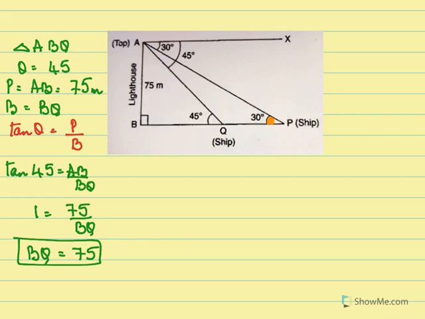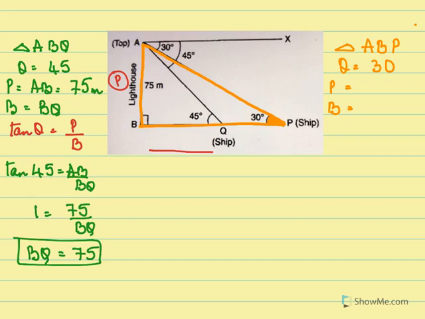Next we deal with 30 degrees. Now if we want 30 degrees, it belongs to the triangle ABP. So we have triangle ABP. The theta is 30. Here again we've got to mark our base and perpendicular. The perpendicular is this, and the base is here. This is the entire base, which is BP.